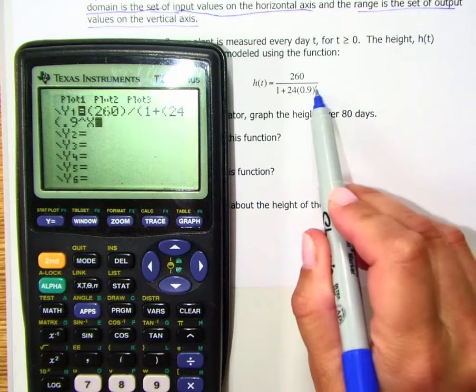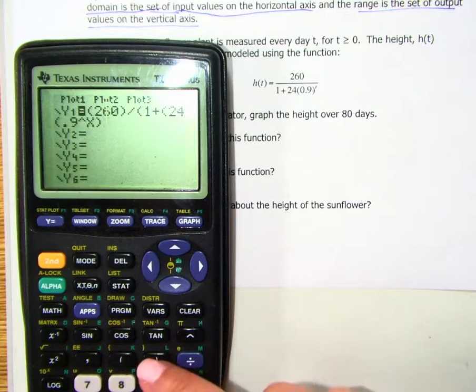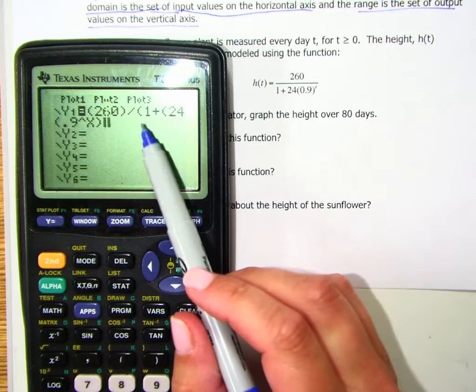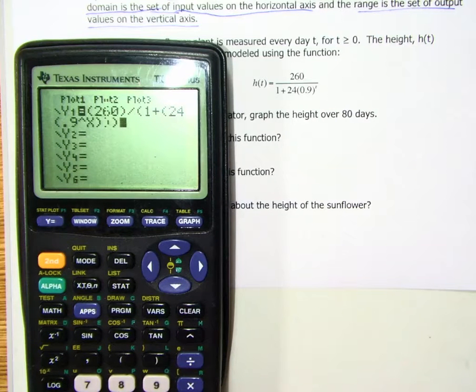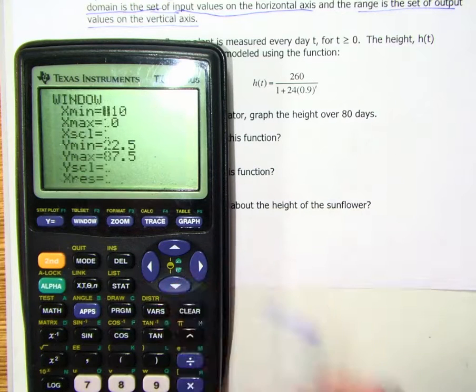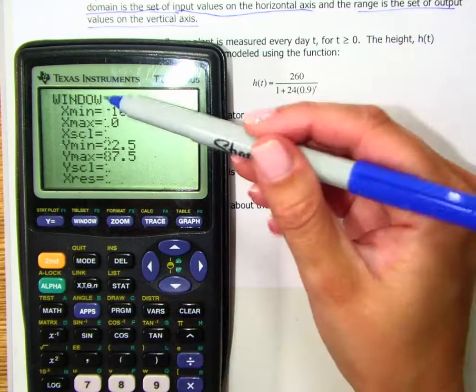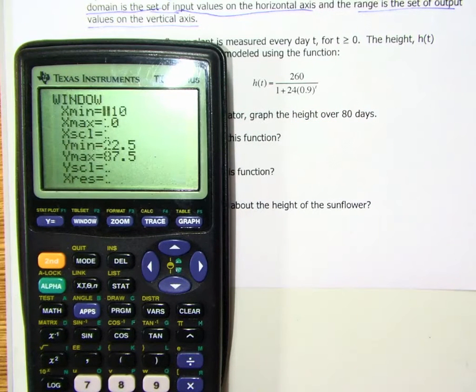And I know it's t, a function of t, but we only have the x, so it's going to be the same thing. Okay, so again, just take a look at how I entered that in. And then we want to graph the height over 80 days. So I'm going to go to my window, and I apologize, I apparently have a line out on my calculator. But we're going to graph this over 80 days.